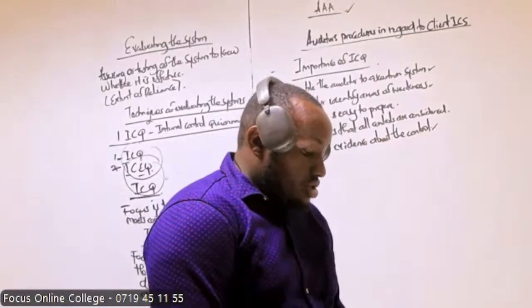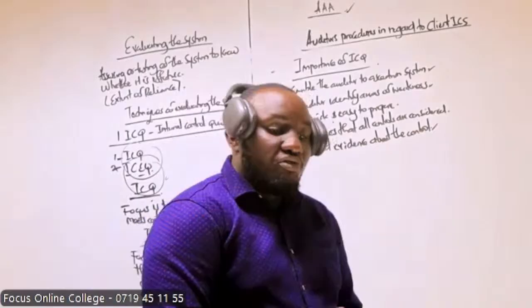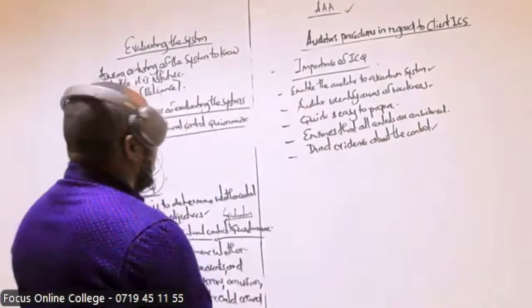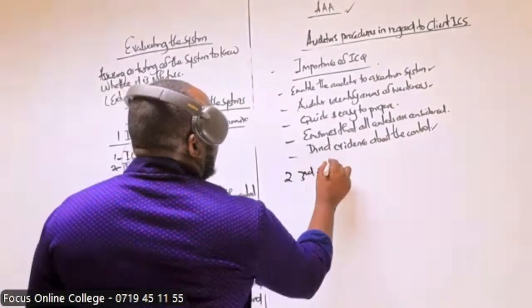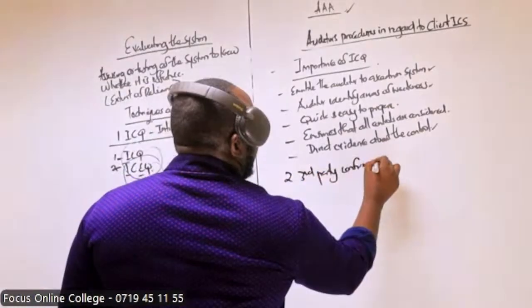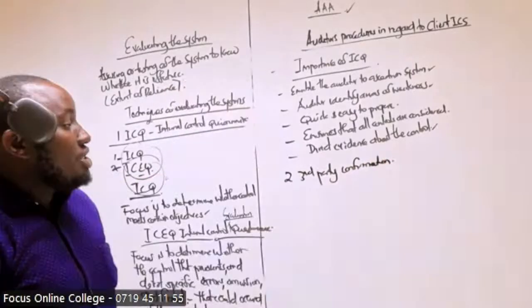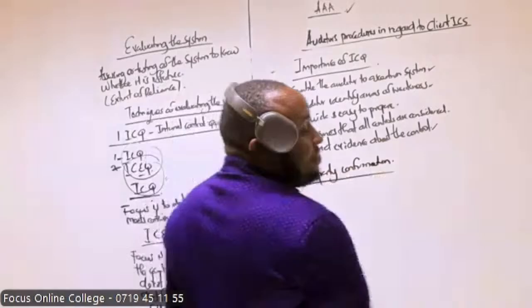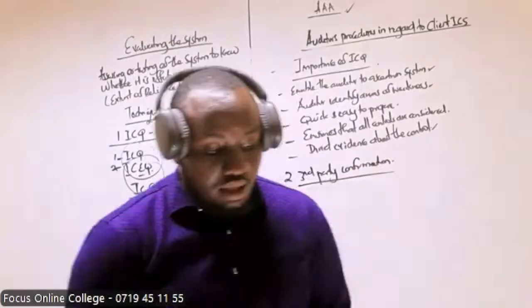So that is the first method of evaluating the system. The second is third-party confirmation. That is so simple. So what does third-party confirmation mean?